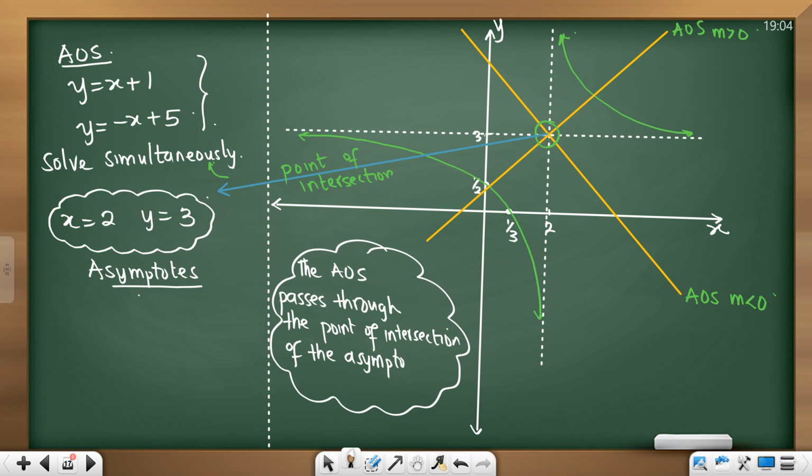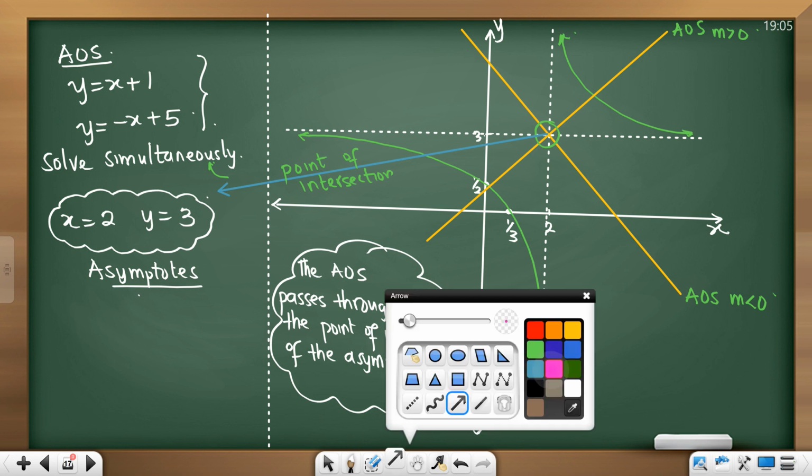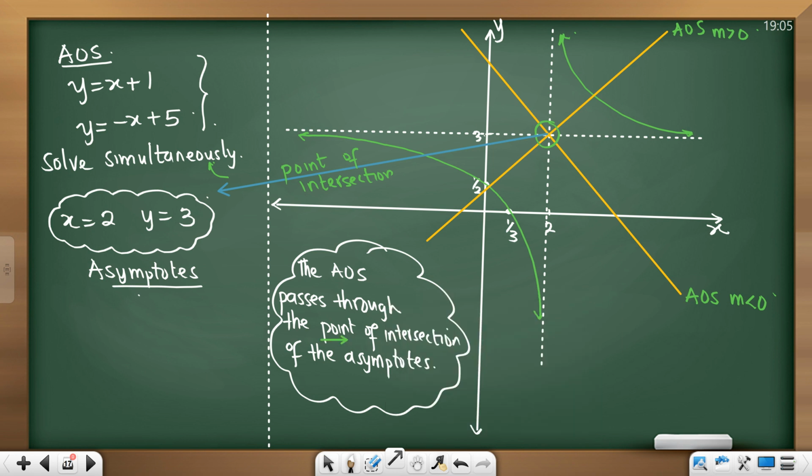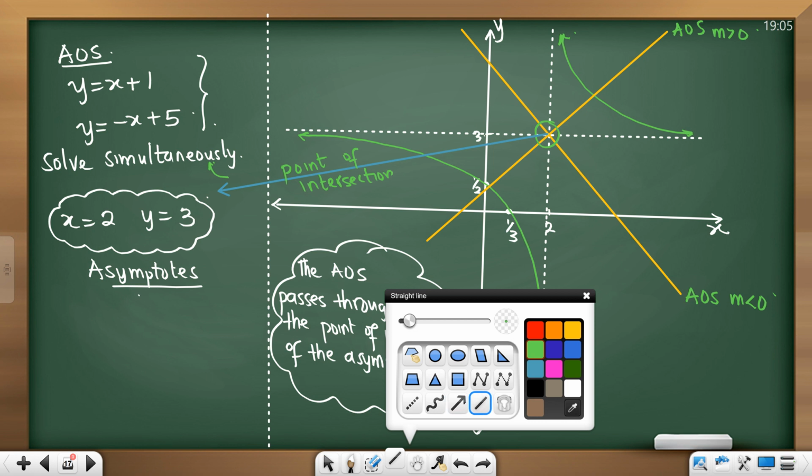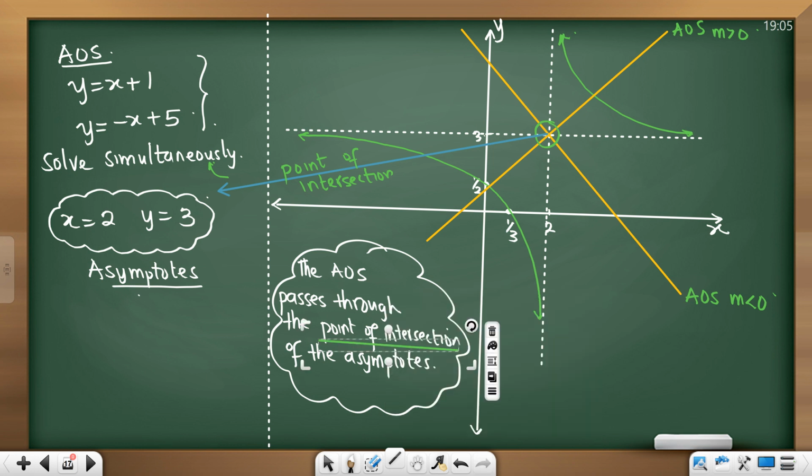That is why we solve what? Simultaneously. Point of intersection is solved using simultaneous what? Equation.